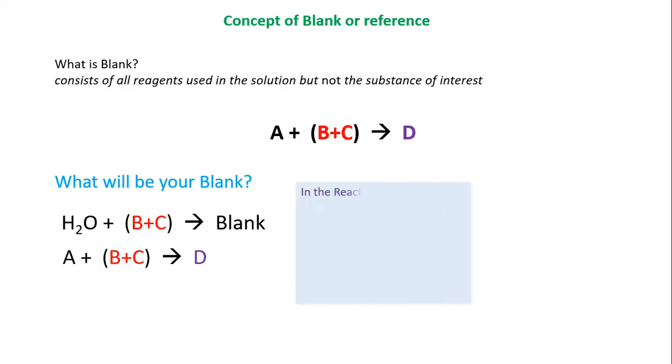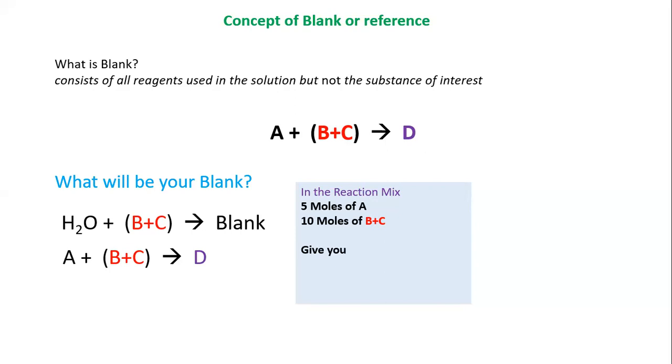The first is that when we are actually preparing the reaction mix, imagine that there are 5 moles of compound A in your reaction mix. And into that, you add 10 moles of B plus C, which is the coloring reagent.